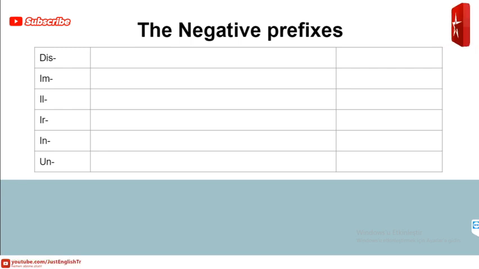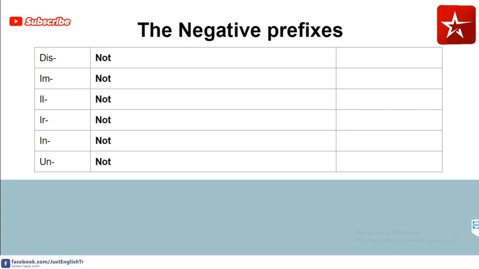The two most difficult to use would be dis in the first line there. Okay, they all mean not to some degree, but this is slightly different because it has this idea of being away from. It's a little bit different from, I don't know, not liking something. If we look at examples such as dislike, I could say I don't like football, or I could say I dislike football. And although they're very similar in meaning, they are slightly different.